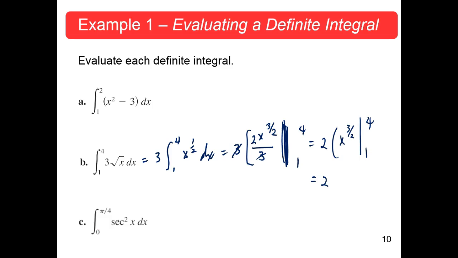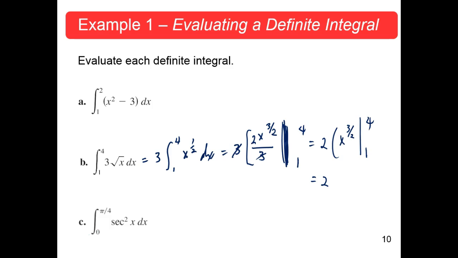No, the denominator is the index of your radical, and the numerator is the power. Okay, so it's the square root of x cubed. I like to do it that way because it keeps the number small.